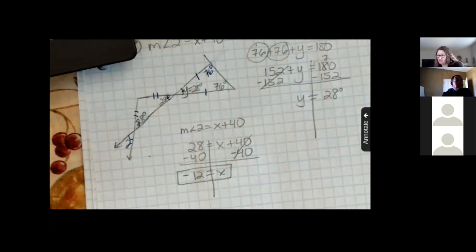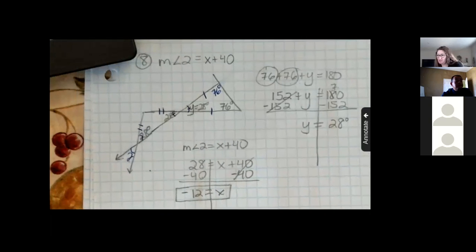Any questions about that? And notice first we use the triangle sum theorem, which is 76 plus 76 plus y equal to 180. That's the sum theorem. And then from there, we use vertical angles to find out that the other angle would also be 28.